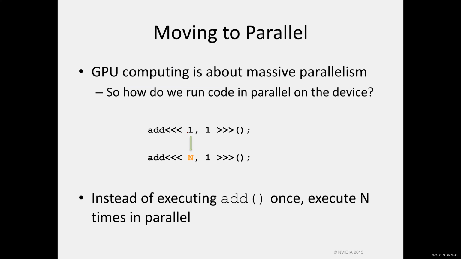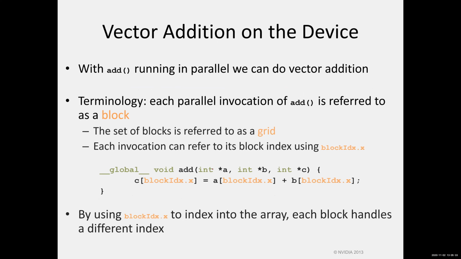So now we go into the parallel part. Let's say I want to perform a vector operation. So let's say I want to create n number of blocks. Each block has one thread. Okay. So the idea is when I call the add function, I want to get the C at blockIdx.x.